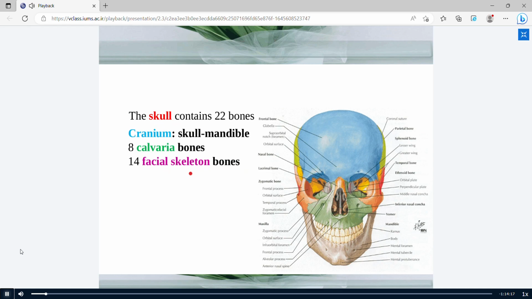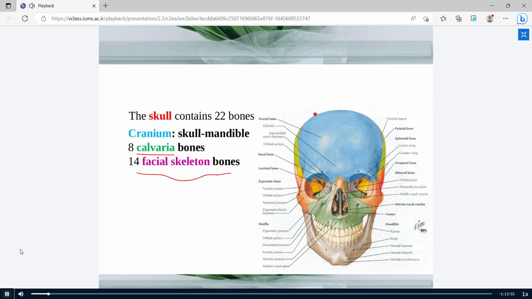In anatomy, we categorize the skull into calvaria or brain box bones and facial skeleton bones. Actually, facial skeleton bones form the face.